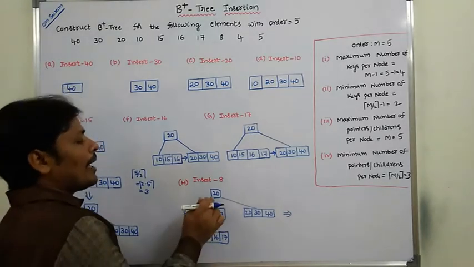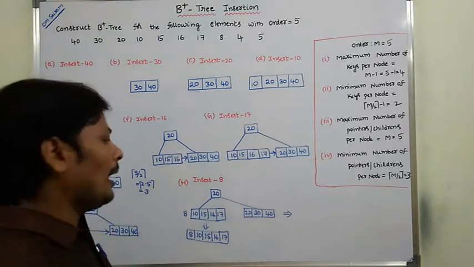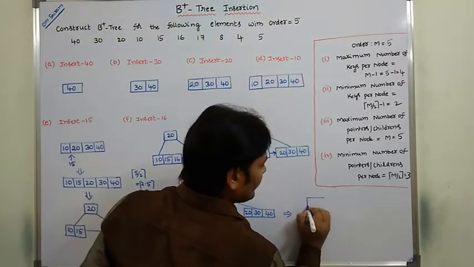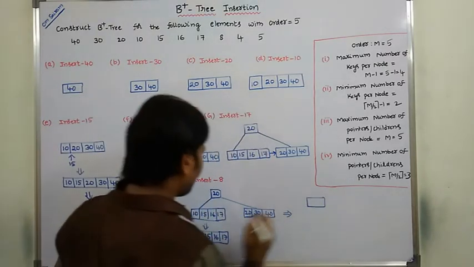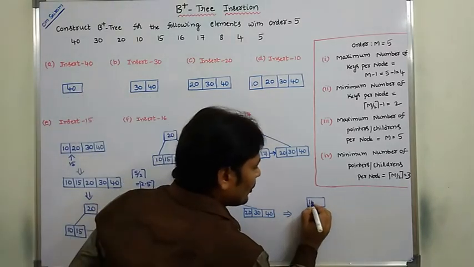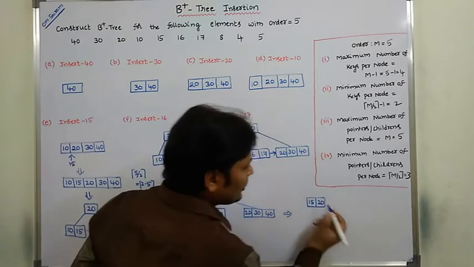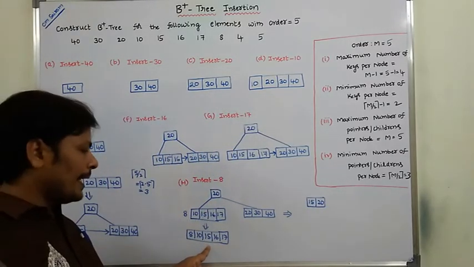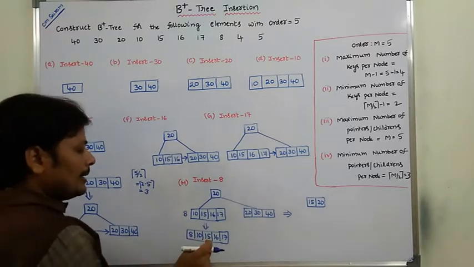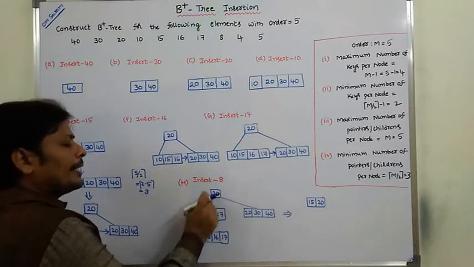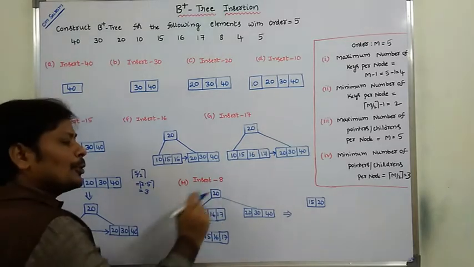This 15 can be added to the root node or its parent node. So after adding 15 to the parent node, the parent node now contains 15 and 20. So the middle element is 15, 15 is taken as parent, and this can be added to its parent value 20.